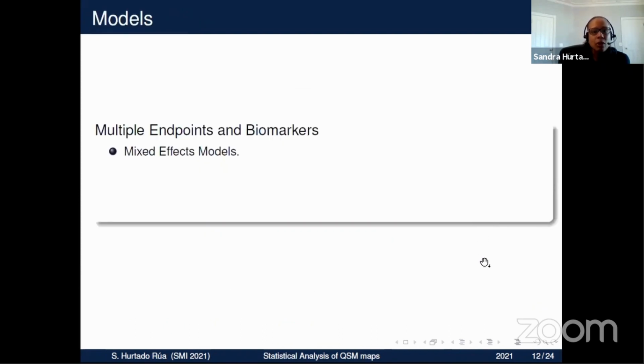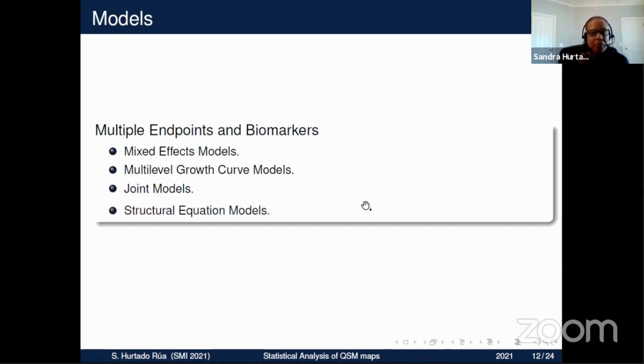So the models we have tried so far for the association studies are mixed effect models with random and fixed effects. Multilevel growth models are a subset of these, and they have a very interesting structure for the time. And what we're looking into now is joint modeling of both the disability or clinical outcome and the quantitative biomarker outcome.